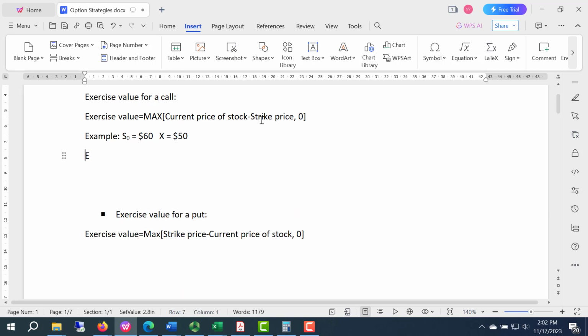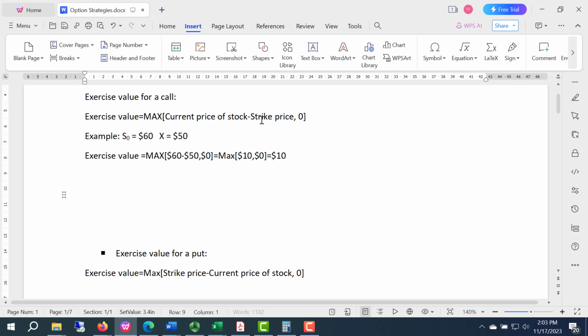And so our exercise value in this case is equal to the maximum of the current stock price, $60, minus the strike price of $50, or zero, which is equal to the maximum of $10, or zero. And so our maximum in that case is $10.